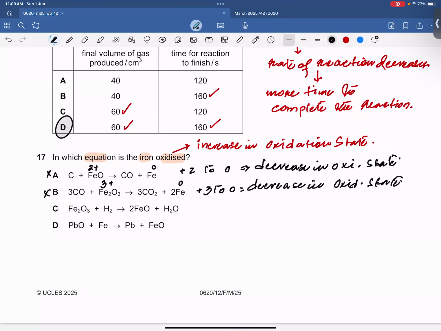In this compound, iron has an oxidation state of 3+. In this compound, iron has an oxidation state of 2+. So it's +3 to +2. Again, decrease in oxidation state. So again, it is wrong. If A, B, C are wrong, obviously the correct option is going to be D.